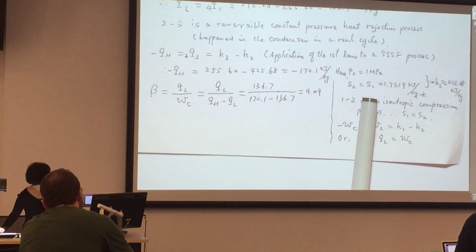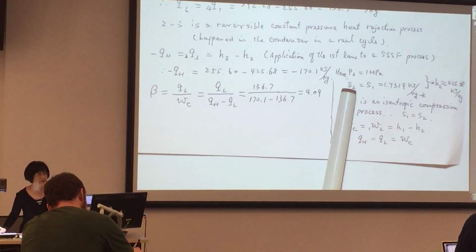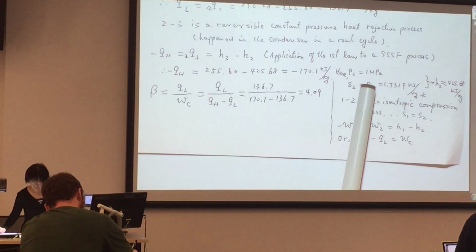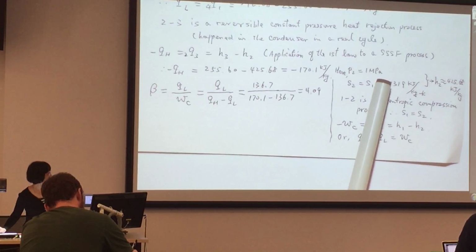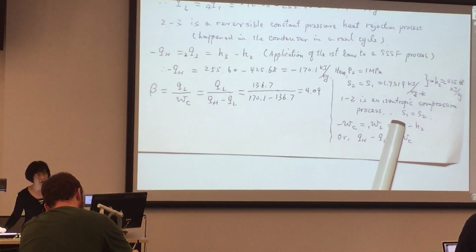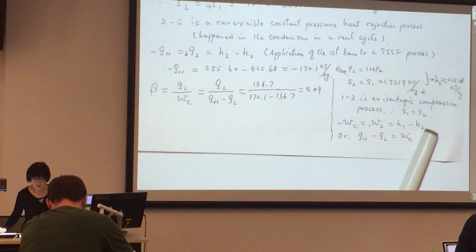How can we find H2? Again, two independent properties. For state 2, the pressure is given, 1 megapascal, and also 1 to 2 is an isentropic compression process, so the entropy change is 0. Do we know the entropy at state 1?